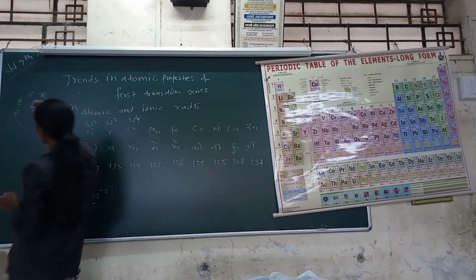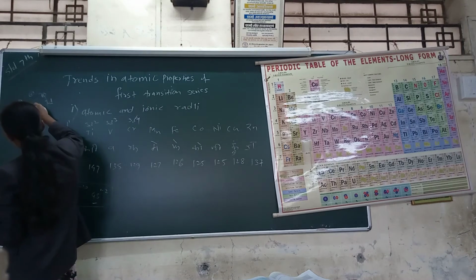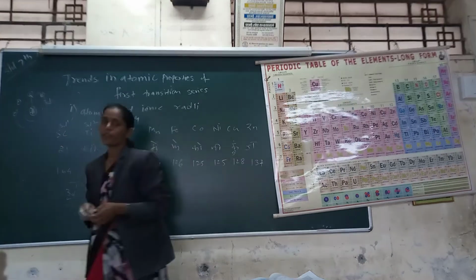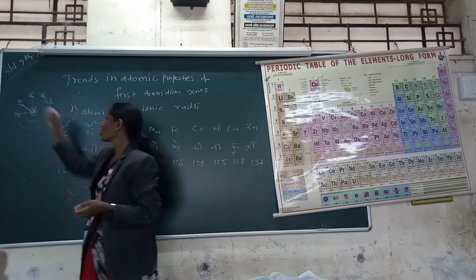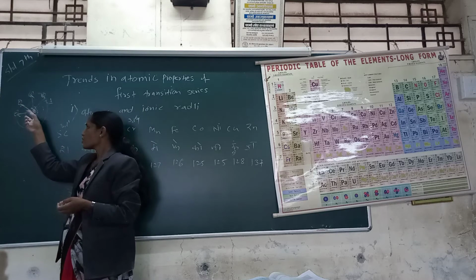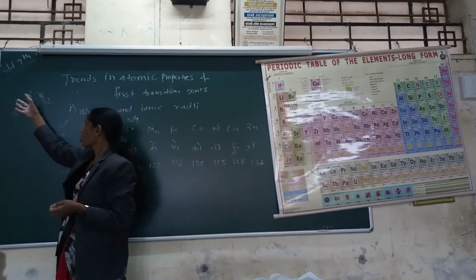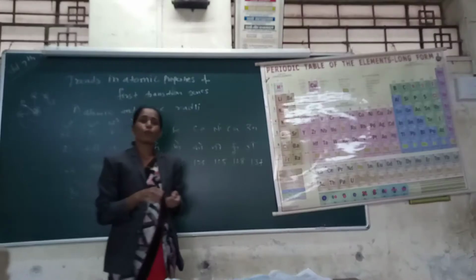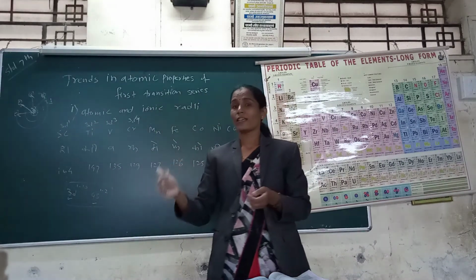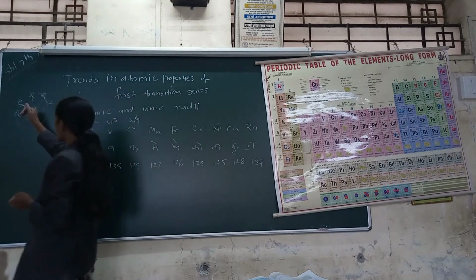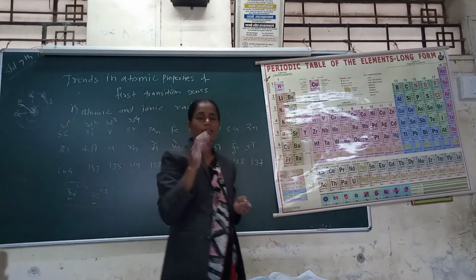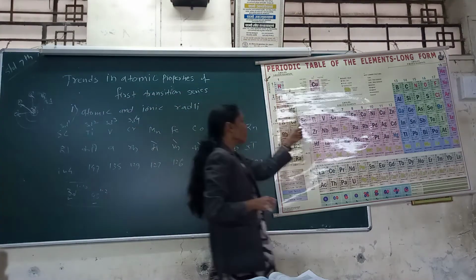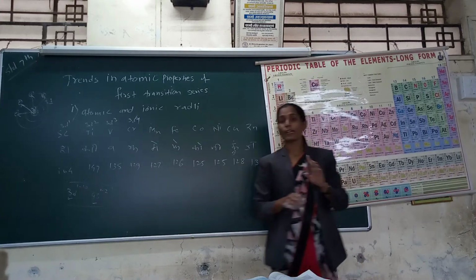Therefore, the force of attraction between the positively charged nucleus and the electrons increases. Every electron is contracted by the nucleus because the positive charge increases. So after addition of one electron, the radius decreases because the positive charge increases and the force of attraction pulls the electrons inward. Therefore, along the period, the atomic radius decreases.